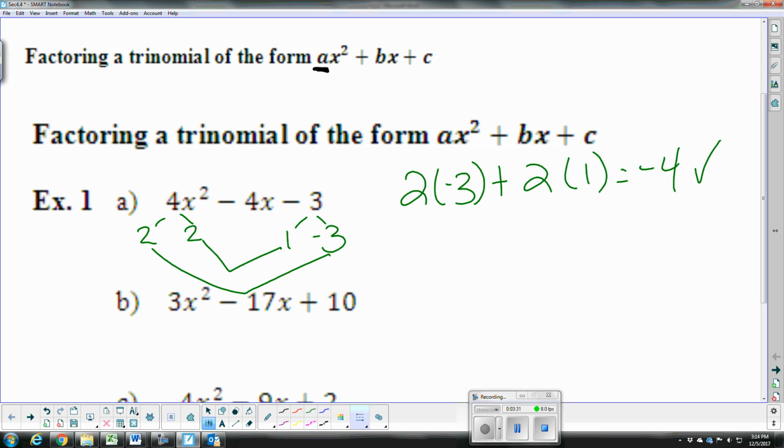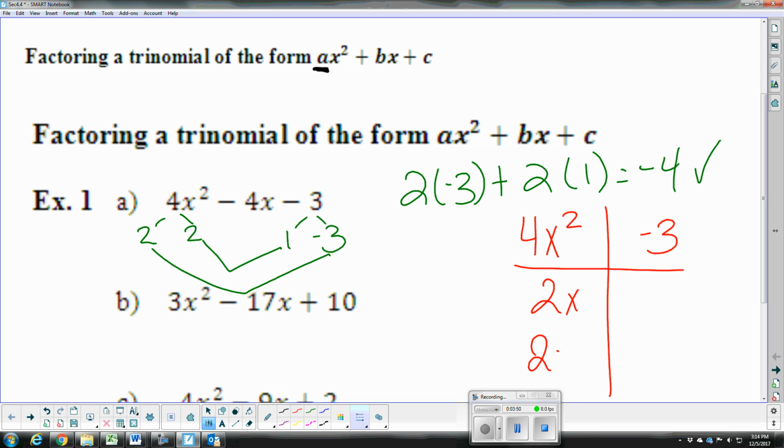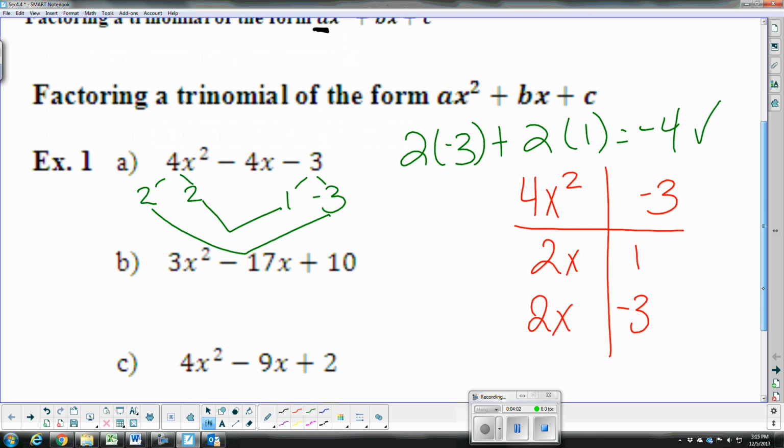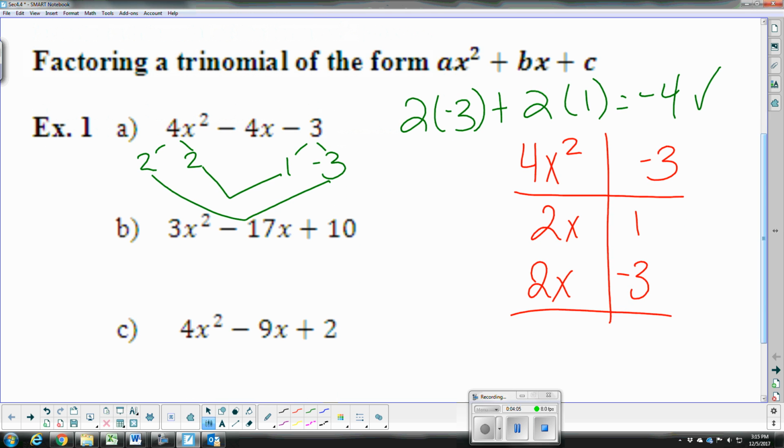Okay, now one way that I've seen students do before, and you can use this strategy if it works for you, is list your A term, or list your first term, and then list your last term. Find the factors of 4, find the factors of 3, so 2x and 2x, and 1 and -3. And just to double check, 2x times 2x is 4x squared.